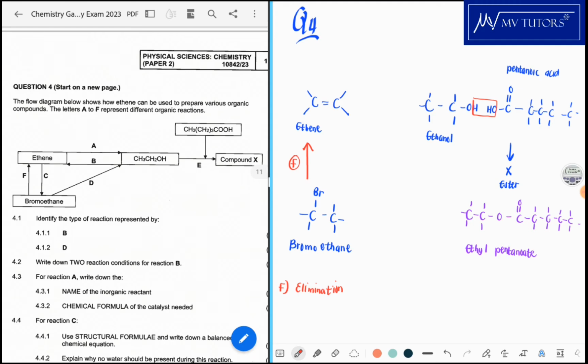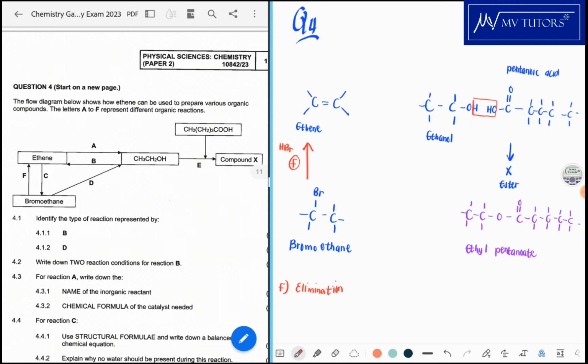And what kind? We are basically taking out hydrogen bromide. Okay, and if we look at an elimination reaction, not a haloalkane, we are taking out one hydrogen and one halogen.